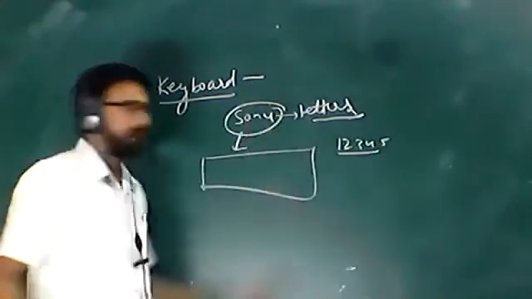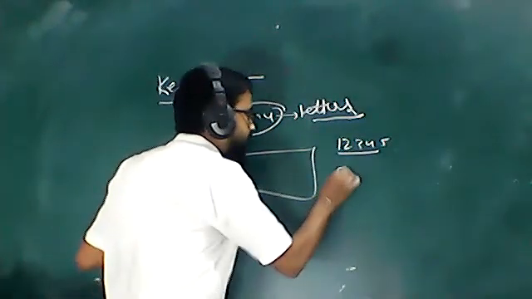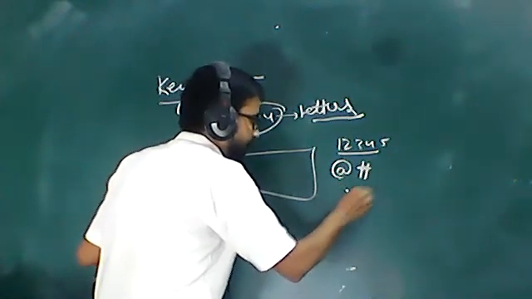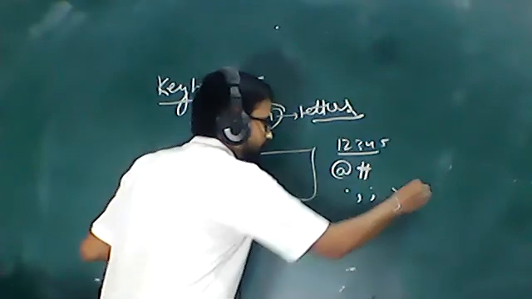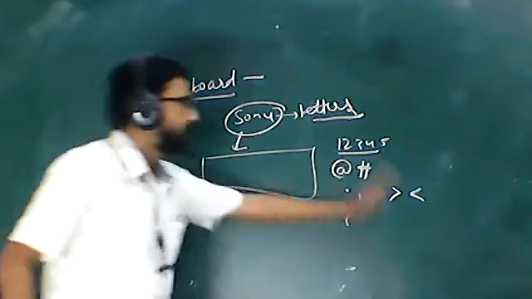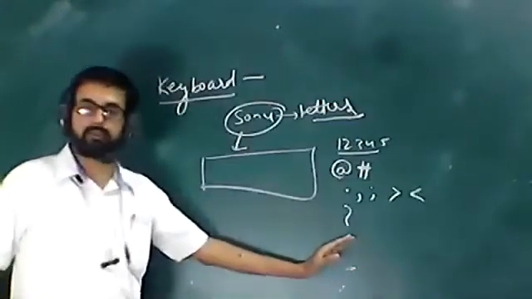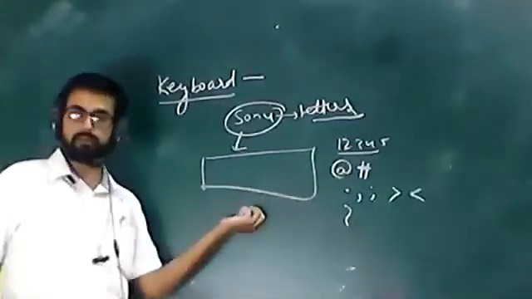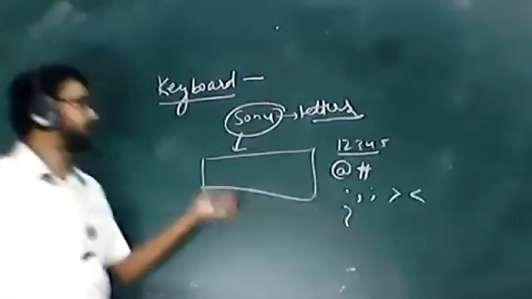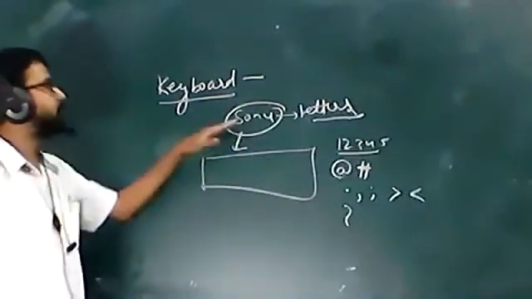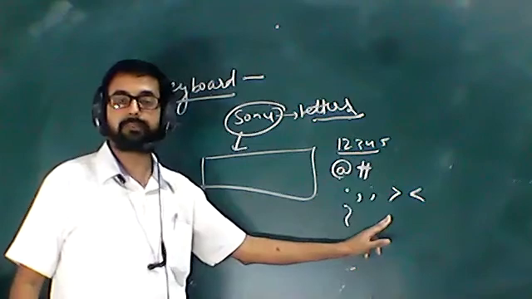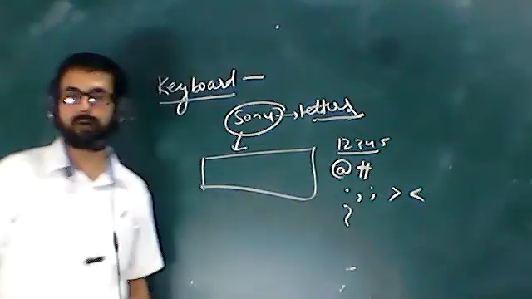If you want to give special symbols like @, hash, point, comma, semicolon, greater, smaller, question mark, these symbols can also be inserted by the keyboard. So with the help of the keyboard we can give letters, numbers and special symbols as input to our computer system.